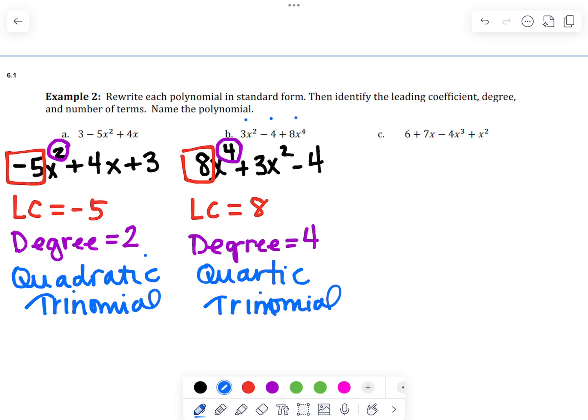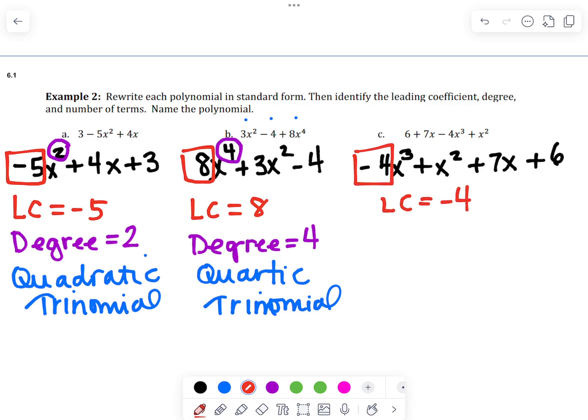All right, our last example, put it in standard form first. So our highest term is our x cubed term, then our x squared, then our 7x, and then our constant of 6. Our leading coefficient is negative 4.